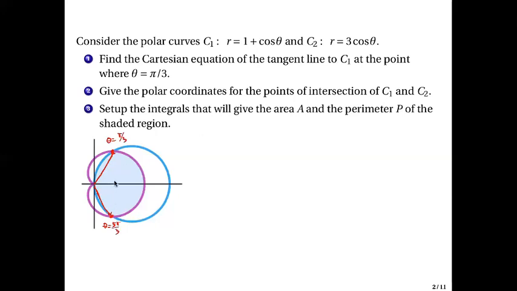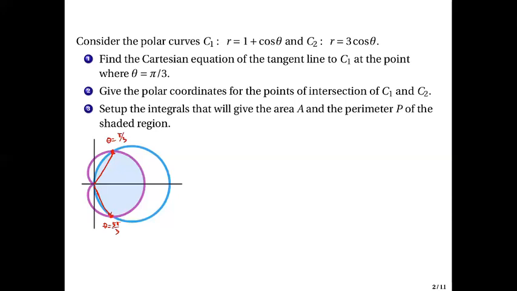But the shaded region is symmetric on the angle theta equals 0, so we can just compute the area and the perimeter on this shaded region and then multiply it by 2.